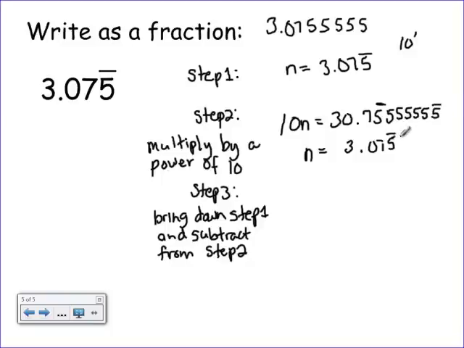And likewise, I have an endless amount of 5s going this way. So when I subtract, all these repeating 5s cancel out. Let's just get rid of them because I don't want to look at them. All right, so now let's just subtract.